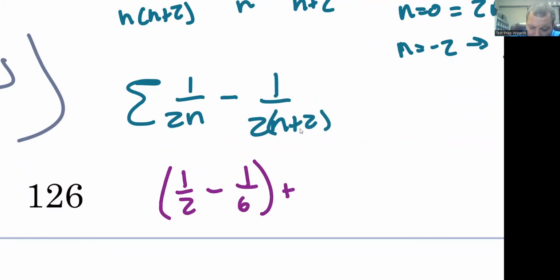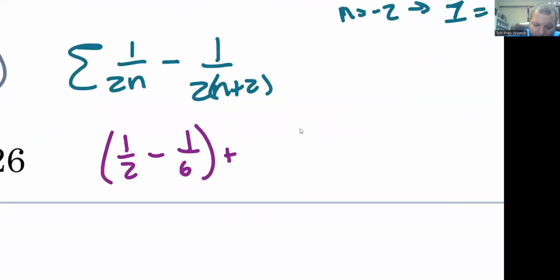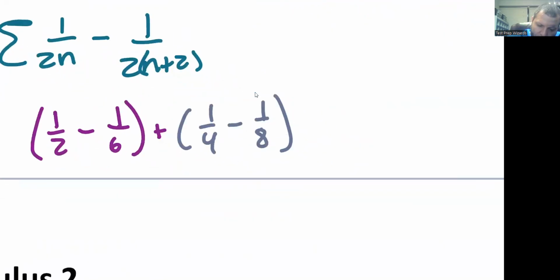Then I'm going to add this to when n is equal to 2, I'm going to get 1 over 4 minus, well, 1 over 2 times 4 is 1/8. Next, n is 3, so I'm going to get 1/6 minus 1 over 2 times 3 plus 2, which is 1/10.